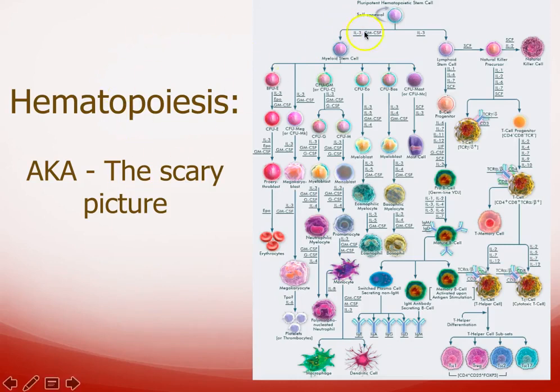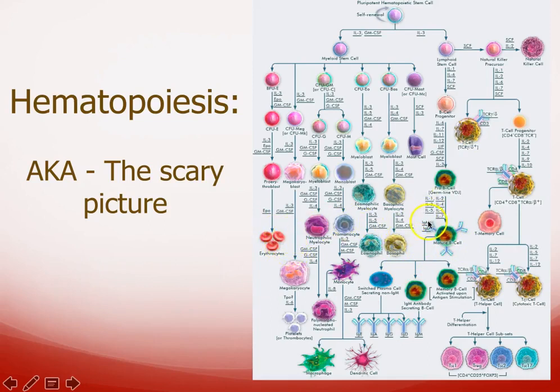And what's kind of neat is that this one pluripotent hematopoietic stem cell gives rise to all sorts of cells: natural killer cells, which we'll talk about with the white blood cells, T cells, B cells, a whole slew of different white blood cells, as well as red blood cells. Really pretty impressive.